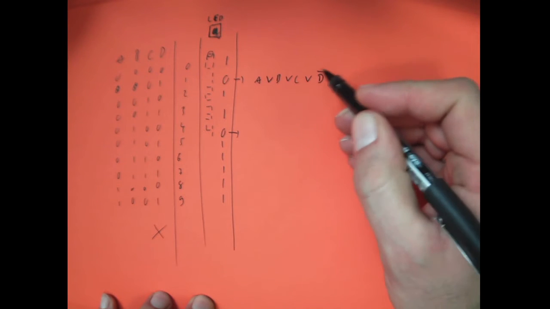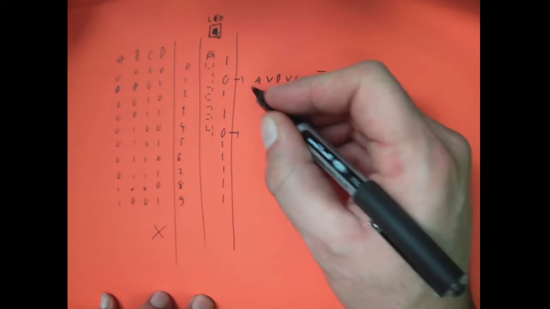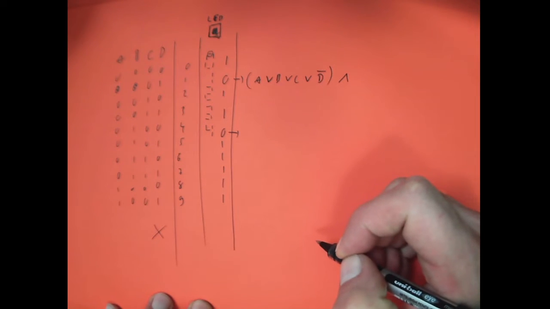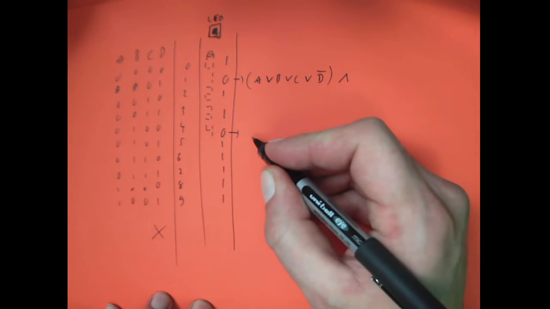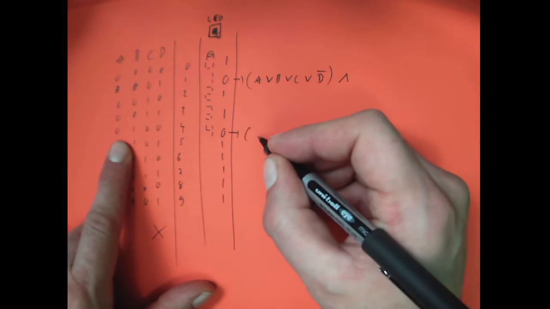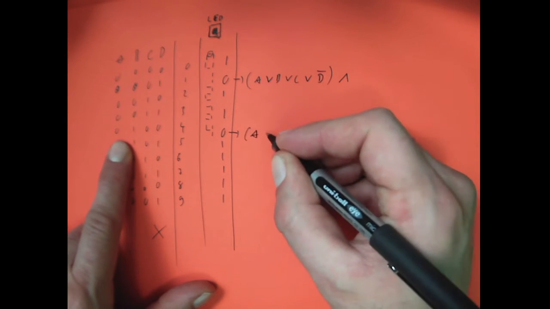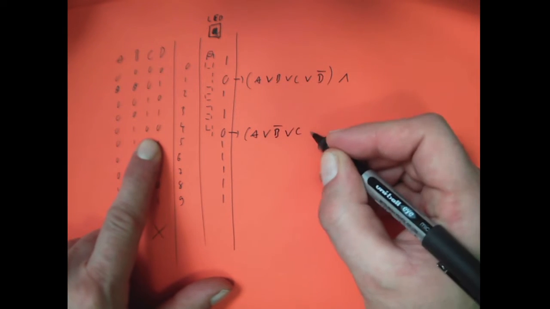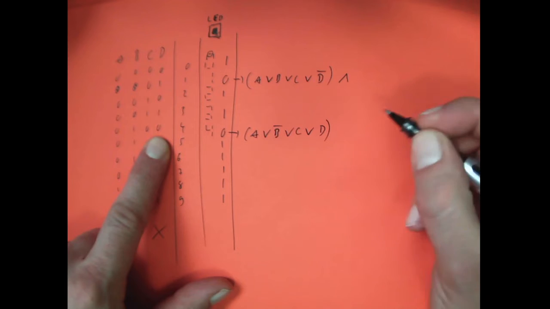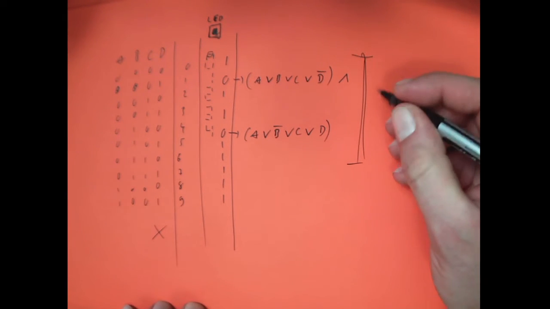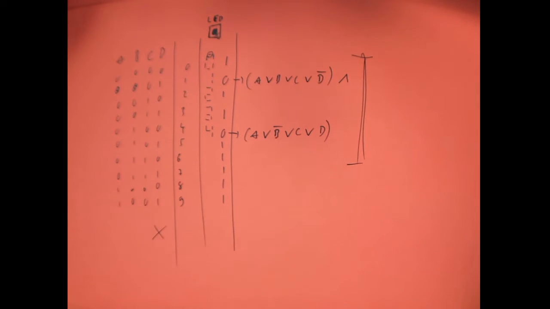So in the conjunctive normal form we use this in a negated form, and you combine all with an AND. And then we have the next one, which is A or B not or C or D. And this is the solution in conjunctive normal form.